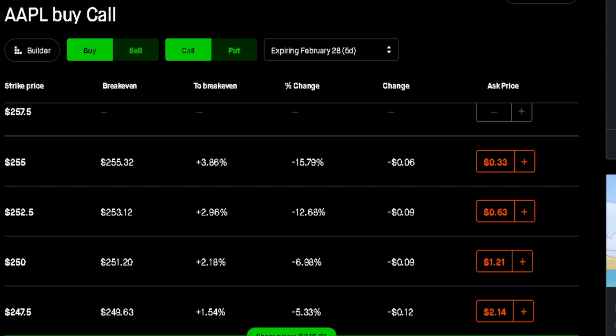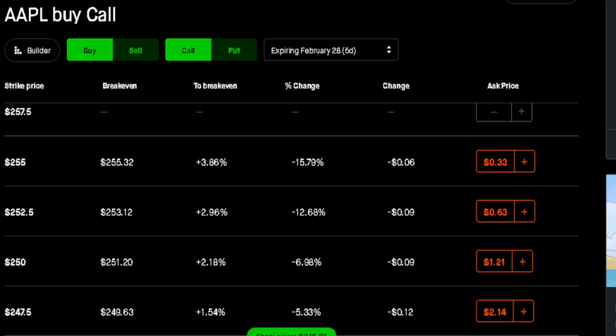I want to make that clear. You do not want to sell any naked calls or naked puts. That's basically when you do not have the money in your account to purchase 100 shares if you sell a put, or if you don't have 100 shares to sell if you sell a call. Never do that.